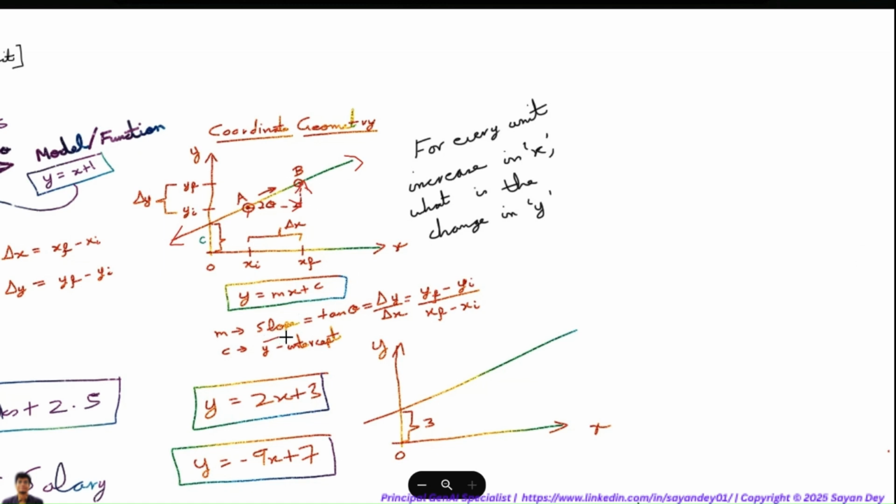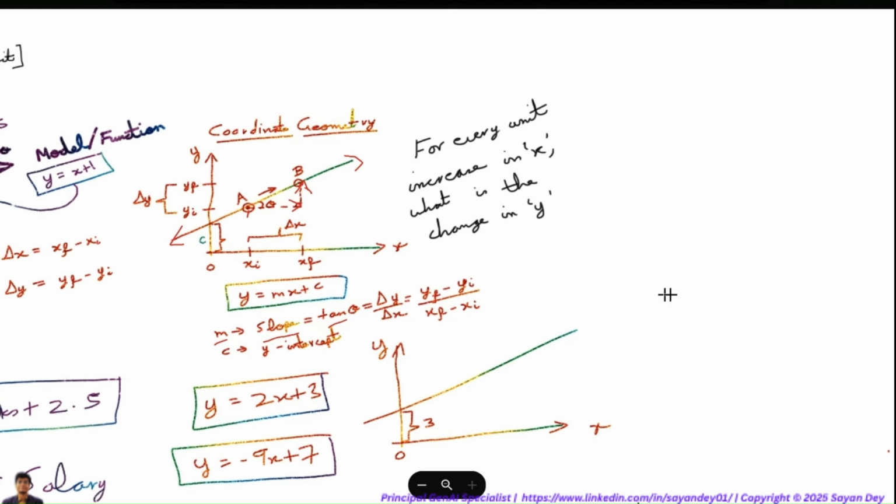And slope is capturing both those variations of movement. So it is giving you delta y by delta x. The change of y, so y final minus y initial, divided by the change of x, x final minus x initial. We look at the change of y and we divide that by the change of x. That's how we find out the meaning of slope.